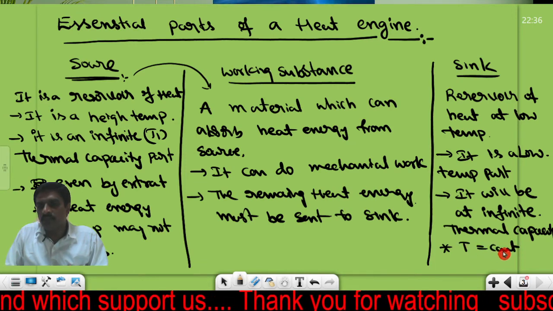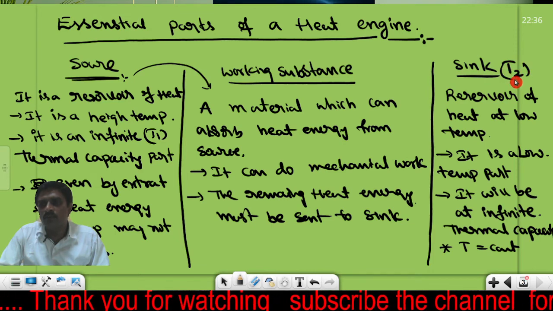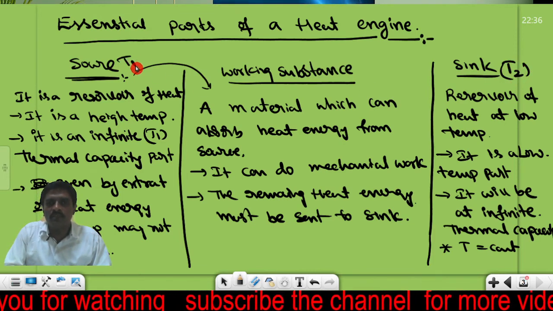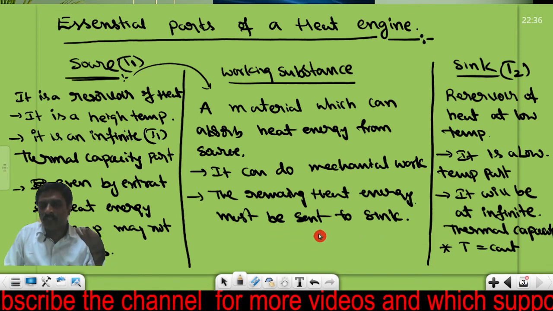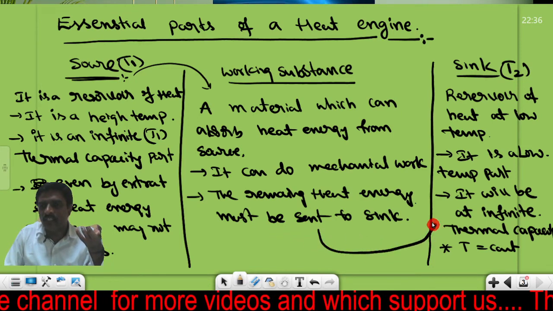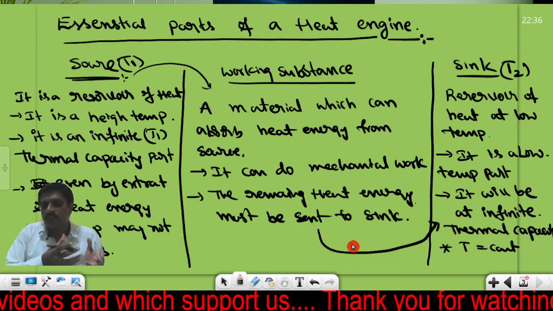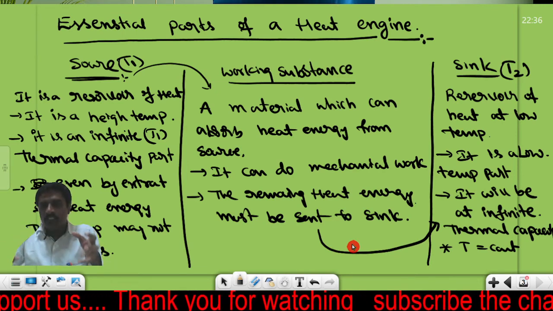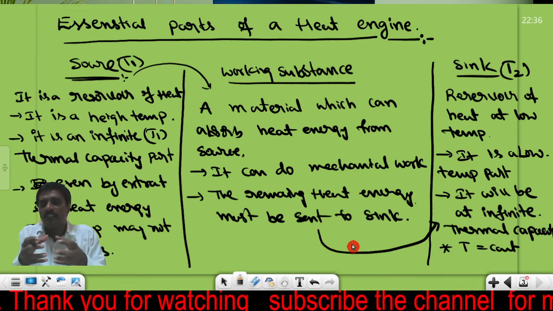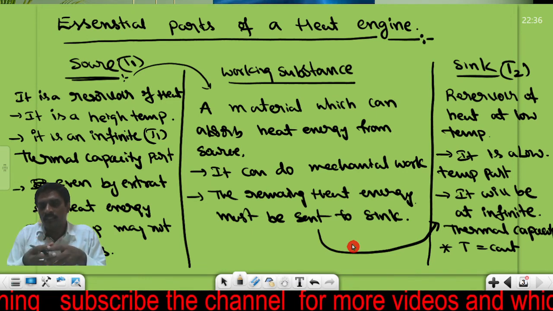Generally the sink is denoted with the temperature T2, and the source is denoted with T1. Because of the heat energy coming from the working substance, the sink's temperature is not affected, as it has infinite thermal capacity.